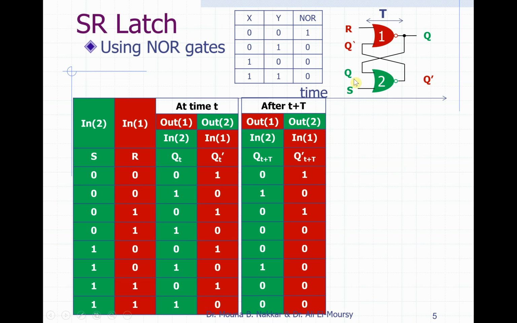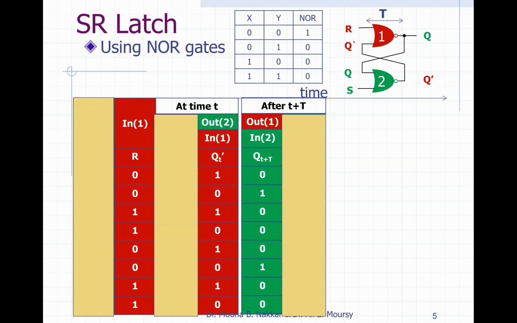The inputs on those NOR gates will take tau propagation delay to produce new values for Q and for Q bar. How can we derive those Q and Q bar? Simply by following the rule of the NOR. If we are analyzing the first red NOR gate, number 1, it has inputs R and Q bar. So we have the column for R and the column for Q bar.